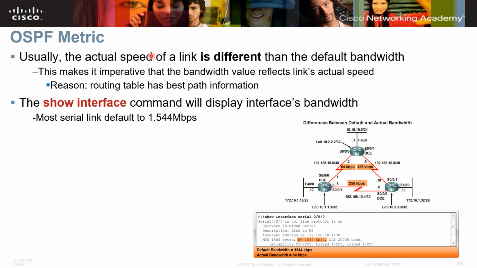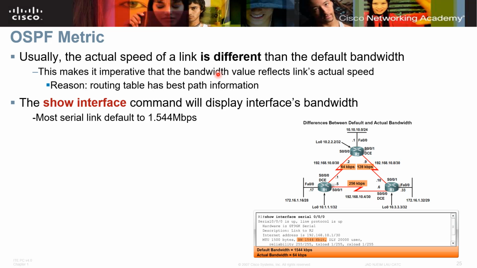The speed of the link is different from the bandwidth. But for this algorithm to run well and select the best path correctly, the routing table selects the best path as the one with the highest bandwidth. So the bandwidth should reflect the actual speed of the link.